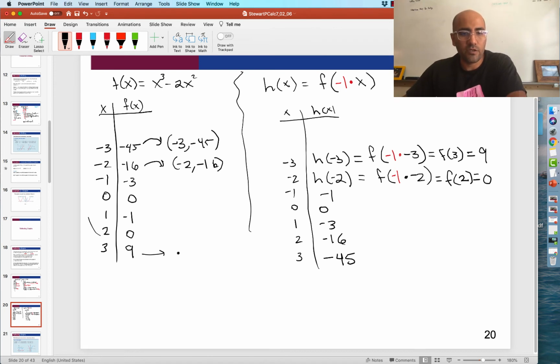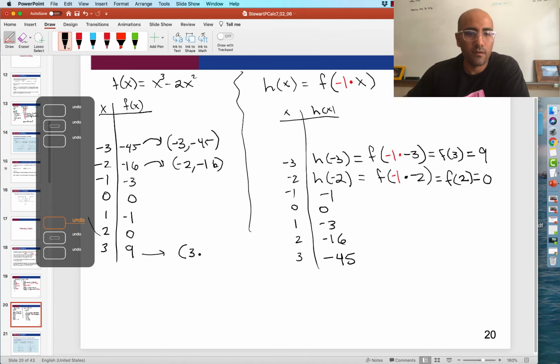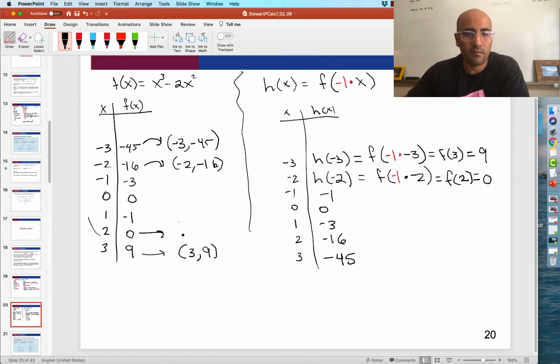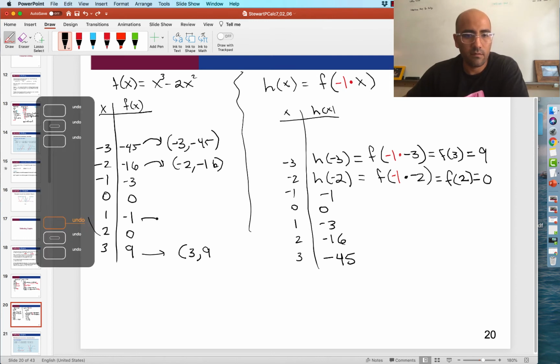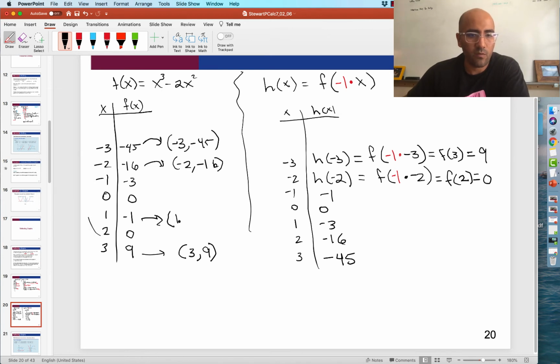The original function had (3, 9), and let's say the original function had, man, this computer is really fighting me, (1, -1). Okay, so these were the ordered pairs from the original function.